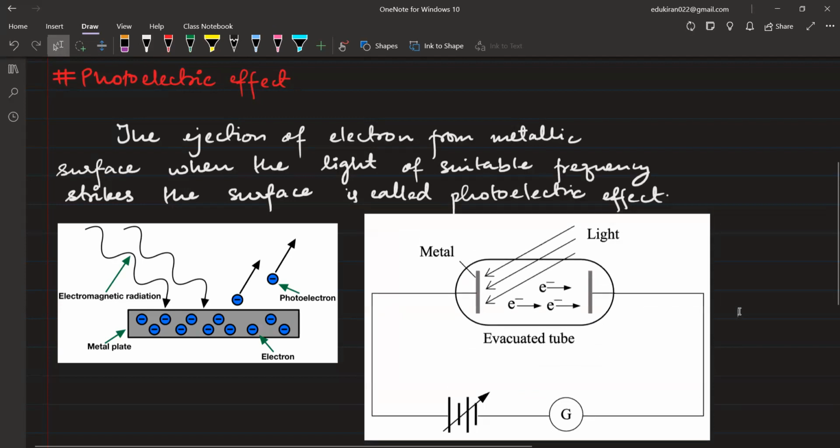Now, please see what was happening here. We had an electrical circuit, and that electrical circuit was not attached with any battery. And then what did we have? We had a metal surface. We strike light upon it. And when we change different frequencies, for some frequencies, what happened?